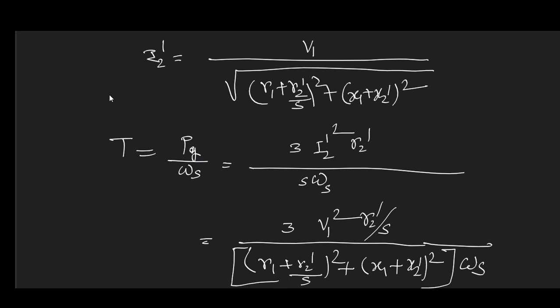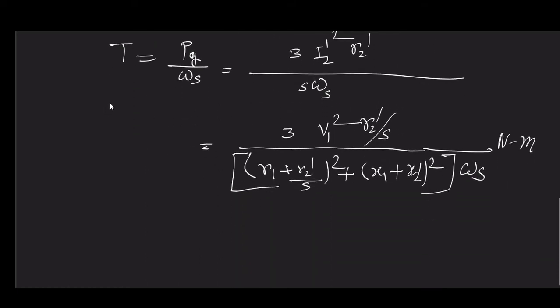Now this is the torque in Newton meter. Or sometimes you can replace this omega s, like if it is given in rpm, then it will be 2 pi Ns by 60.